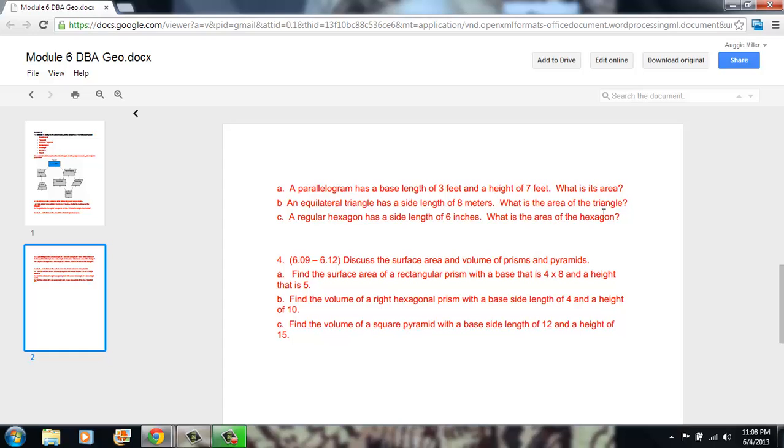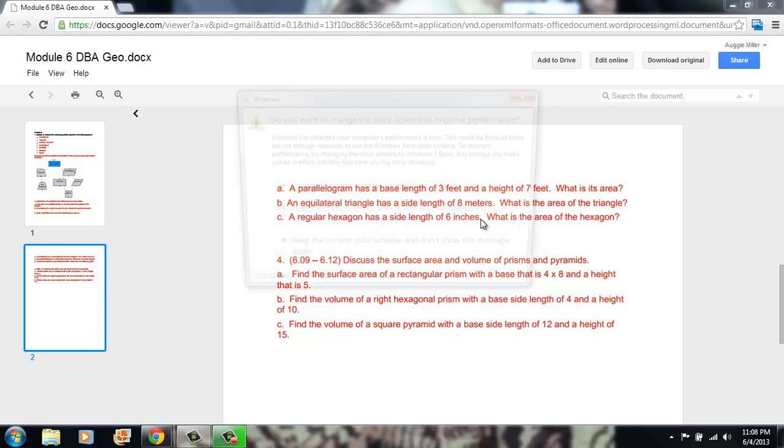So when finding the area of a hexagon, I like to break it up into 6 equilateral triangles, and then I'll find the area of one of the triangles, just like I did here. So cut it in half. You have cut one of the triangles in half.